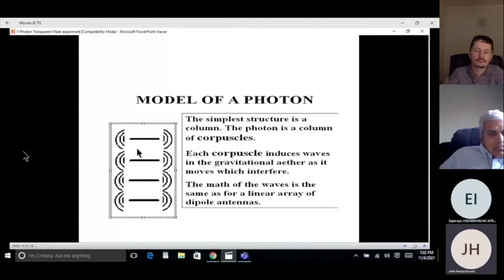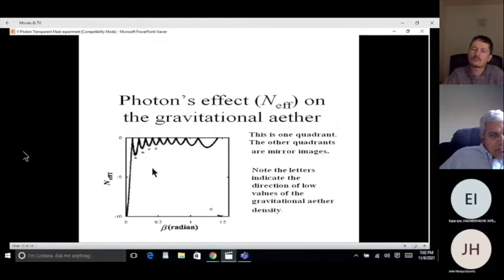As the photon moves, each of the corpuscles generates waves in the ether. The math for this is the same as for the linear array of dipole antennas. And this is the effect on the ether, in that it causes these peaks and valleys in the ether, which is then going to be directing the photon.